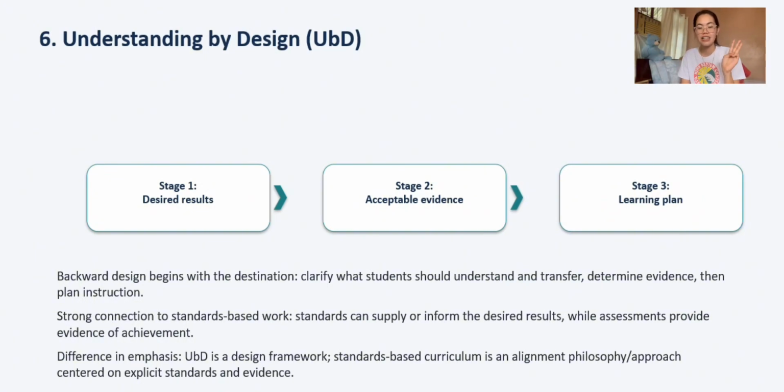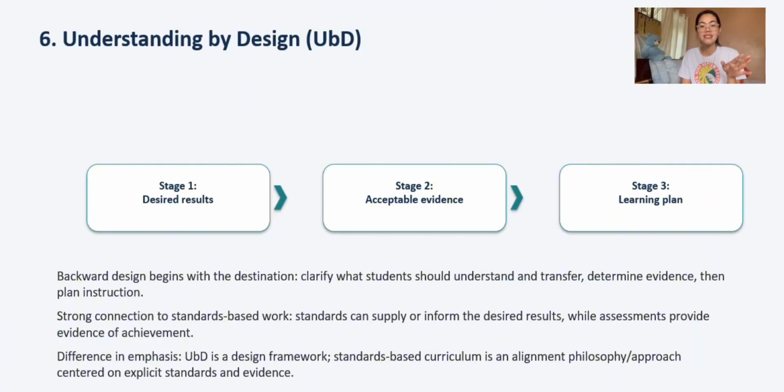Third is the learning activity. What classroom activity will help students achieve the standard? Fourth is the feedback. How will the teacher help the students improve? And fifth is the revision. What will the teacher change based on the evidence collected?